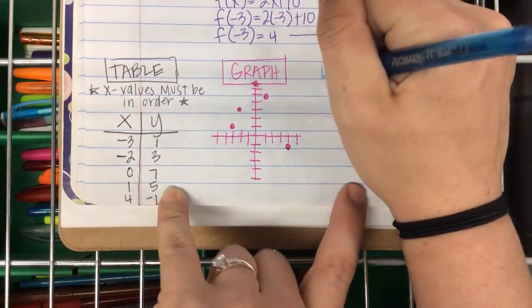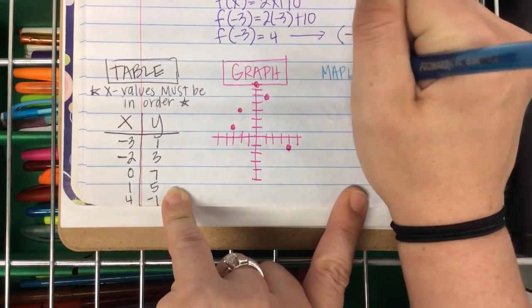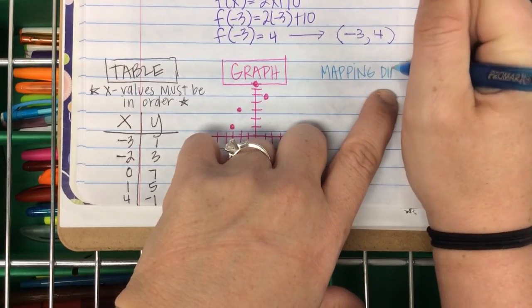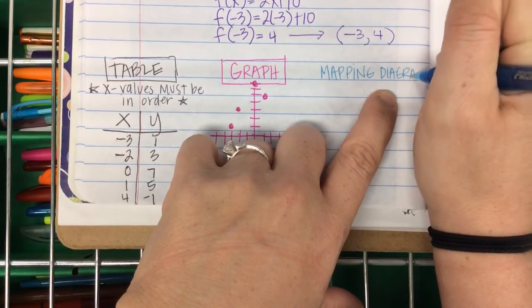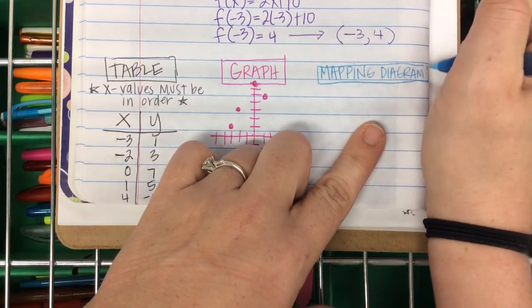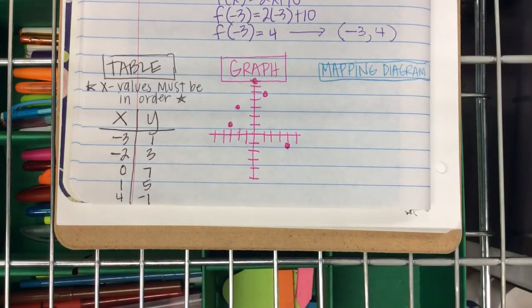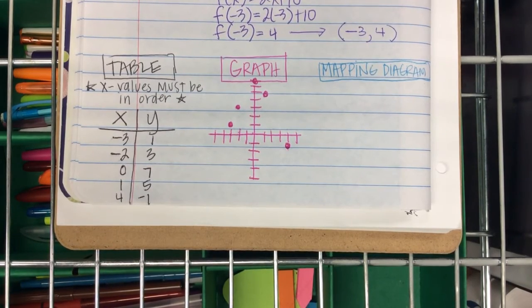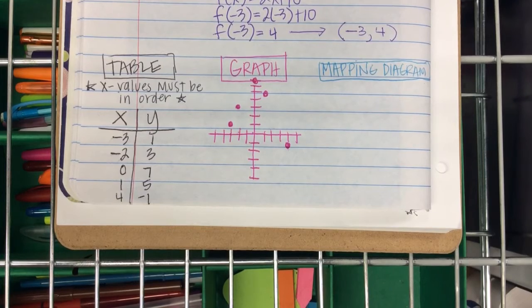The last one is for all of you visual learners out there. It's a mapping diagram. Mapping diagram kind of reminds me of in elementary school. Do you remember making input-output tables? You know, if you put in 7 and you get out 10, and you put in 8 and you get out 11, write the rule, right? They kind of remind me of those.